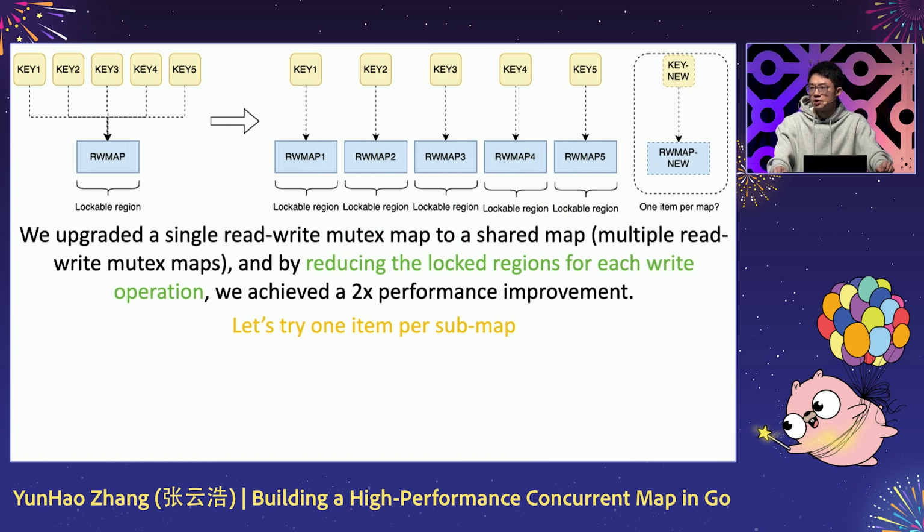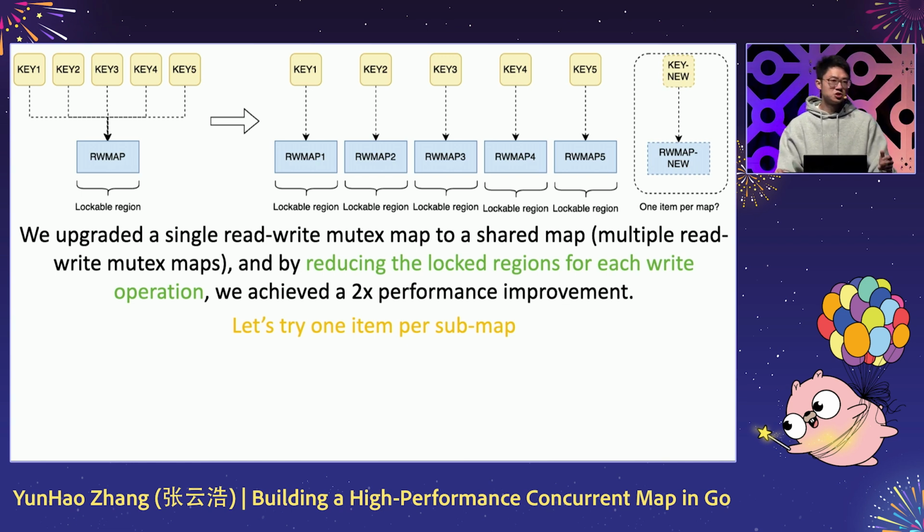Let's review how we can improve the performance of a single read-write mutex map. What we have done is simply divide the potentially locked region from one into multiple regions. A write operation just blocks a part of the shared map instead of the entire map.